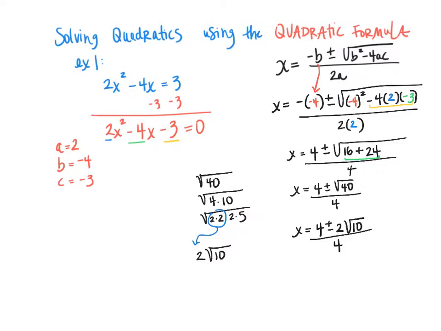Now, this is where I'm going to go ahead and show you where my two solutions come in. So I've got 4 plus 2 root 10 all over 4, and I have 4 minus 2 root 10 all over 4. Now, when you're first learning, this is really important, just that you can see the two different solutions.